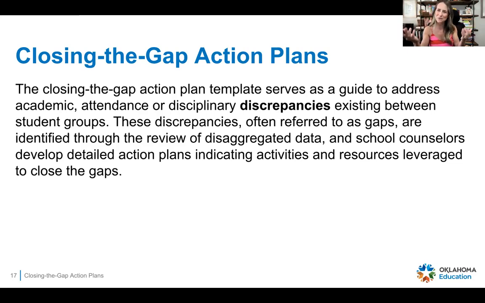That might be easier if it was, but it's not what we need as school counselors. What we need is a plan to follow to help us to close these gaps. We'll put in the evidence-based interventions, supports, curriculums, things like that to meet the individualized gap. Okay. So again, we know those discrepancies that are often referred to as gaps, discrepancies, synonyms, but they're identified through that disaggregated data.